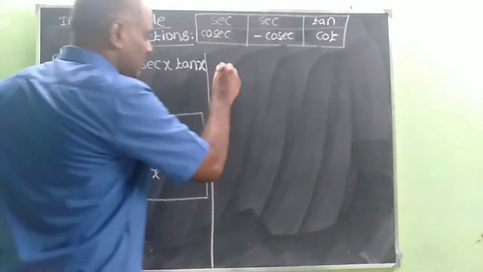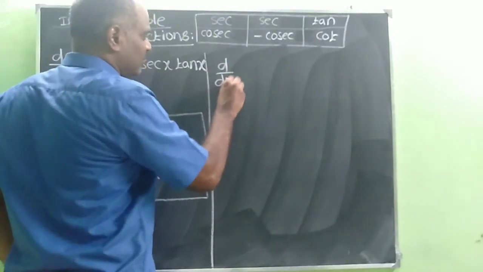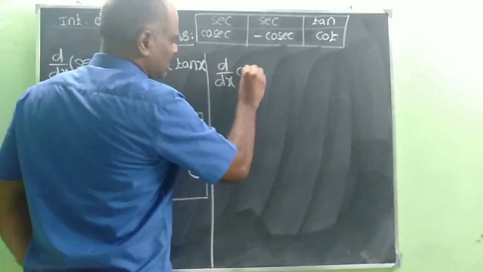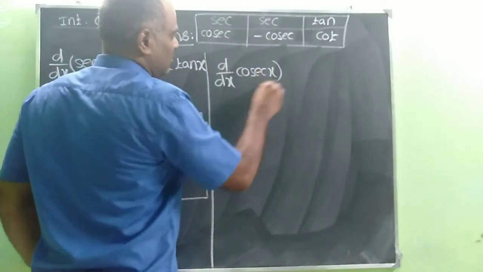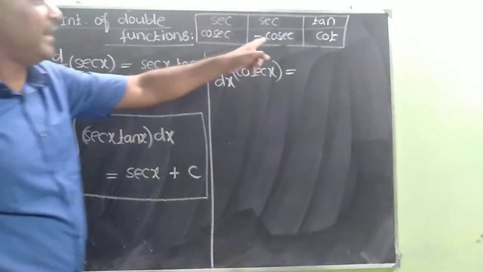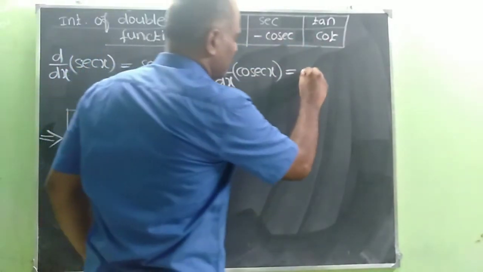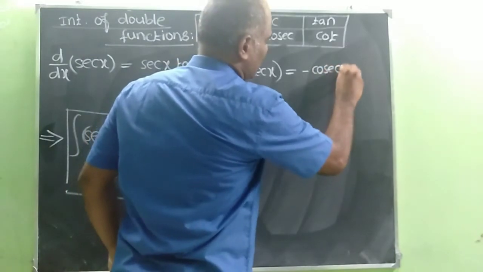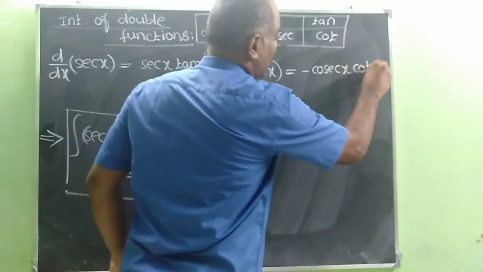Next, the derivative of cosecant x equals minus cosecant x into cot x.